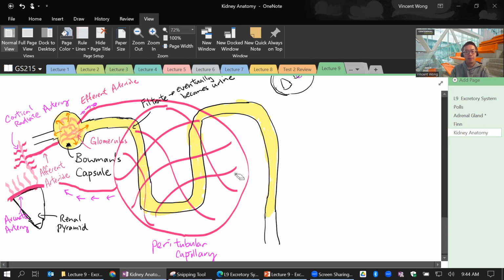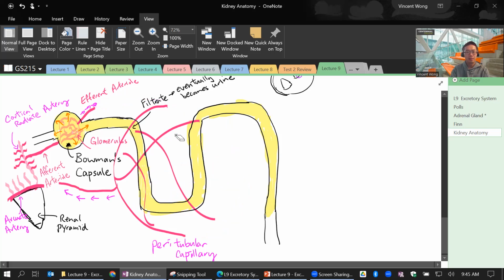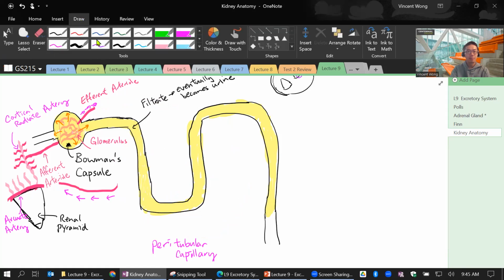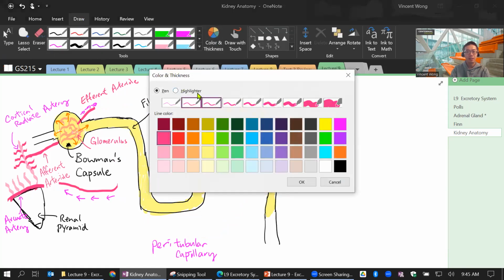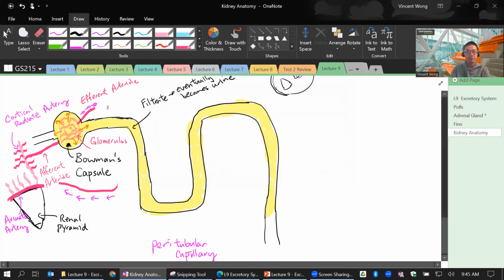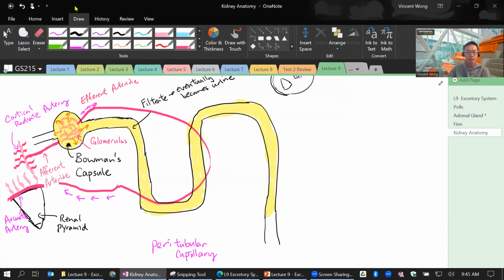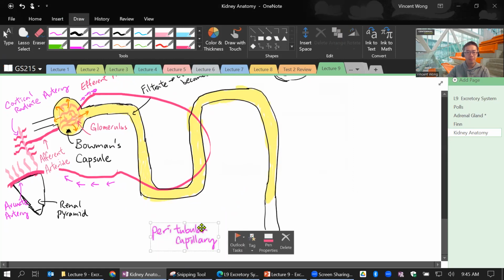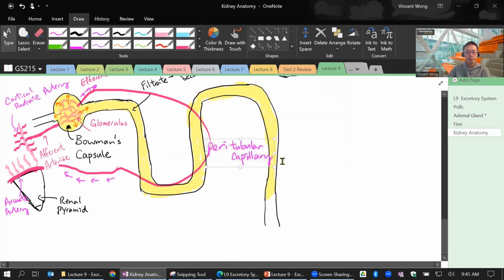Now, maybe I'll just take this away so that it's less cluttered. Okay, but I will leave a vessel here, just to show you that it's gonna become the peritubular capillaries like that.